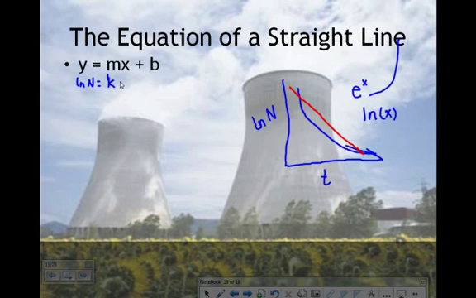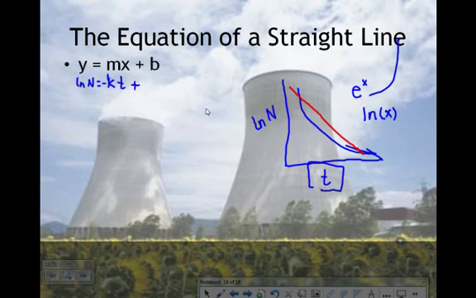And it's going down, right? So it's a negative k, because it's a negative slope. And then on the y-axis is natural log of n, x-axis is time. So it's the natural log of n equals minus k times the time.